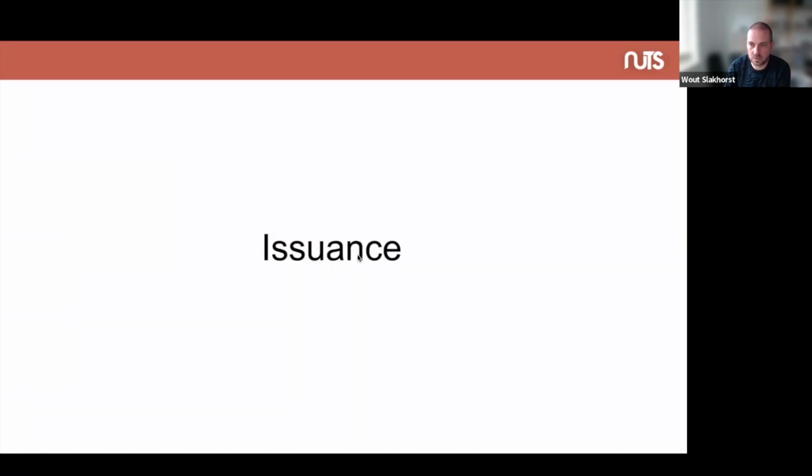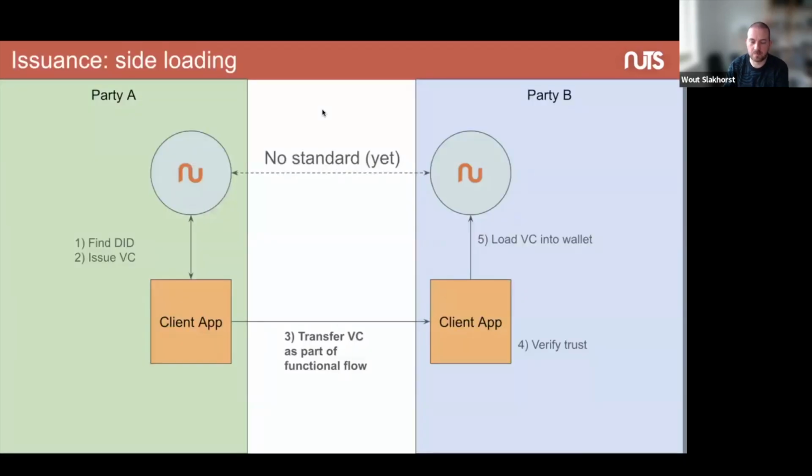We'll continue with the issuance part, because I said previously, there's no standard to issue credentials from one node to the other node. In the current NUTS specification and version 5 and lower, this is done by the NUTS network, which uses gRPC traffic to get a credential from one node to the other node.